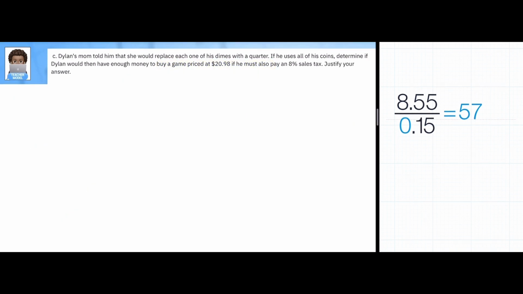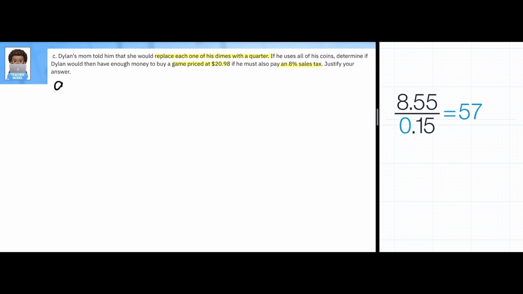All right, let's do the next section. So Dylan's mom told him she would replace each of his dimes with a quarter. If she uses all his coins, determine if Dylan will have enough money to buy a game priced at $20.98 if he must also pay an 8% sales tax. Ooh, okay, so what do we already know?